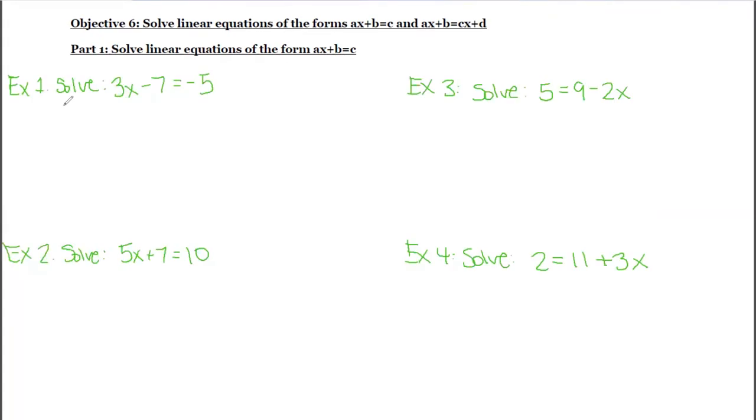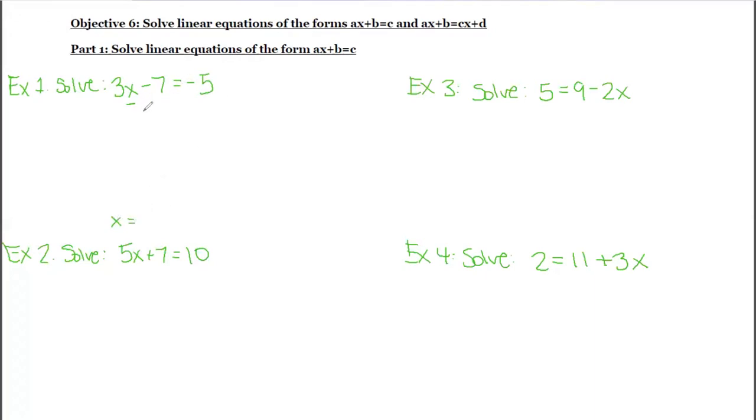For example 1, we have to solve 3x minus 7 equals negative 5. With these problems, remember we are solving for x, so we want to get the x by itself. In our end result, we want to have x equals something.